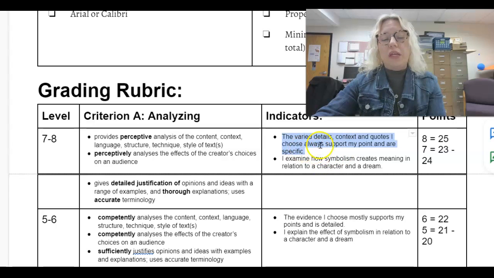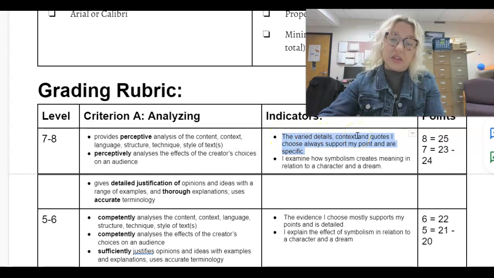Now, in order for me to say that this is the case in your essay, show me that you've got some information from all parts of the play. There are 3 acts. If you can have some examples or an example at least from all 3 acts, then I can say that you've got varied details.